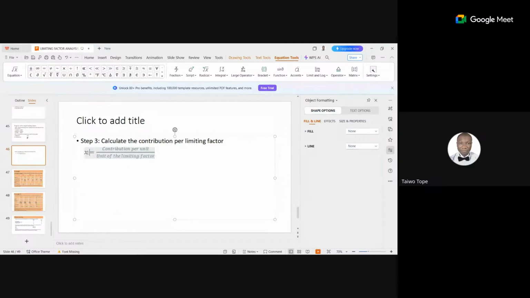With this, you can determine your contribution per limiting factor.